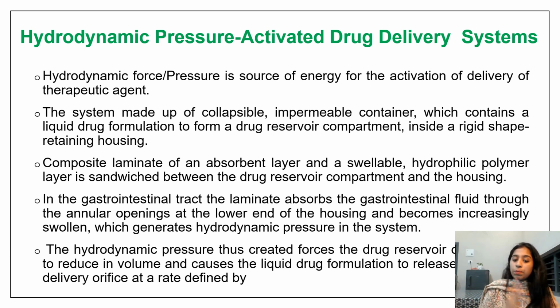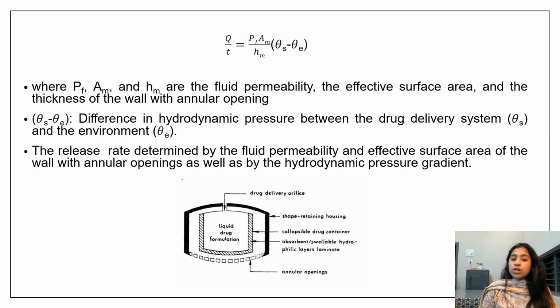The hydrodynamic pressure forces the drug reservoir to reduce its volume and causes the liquid drug formulation to release through the delivery orifice at a rate defined by Q by T is equal to PF AM by HM (theta S minus theta E). Here PF is the fluid permeability, AM is the effective surface area and HM is the thickness of the valve with annular opening.